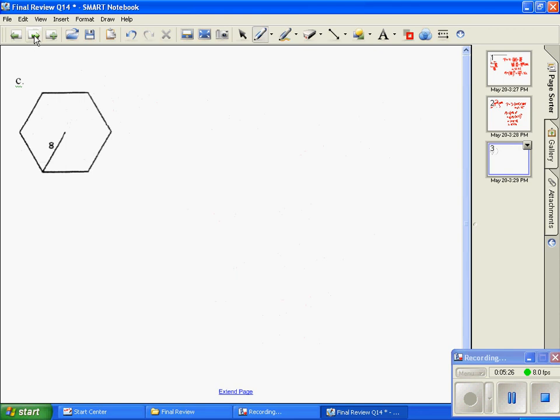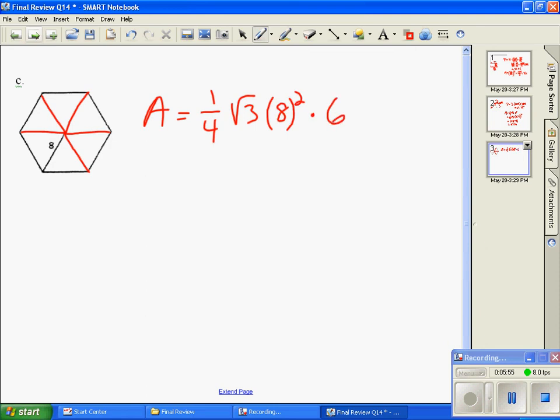So again, we remember that hexagons are made of equilateral triangles, and we have a side length of 8. So let's use the formula for equilateral triangles. So we have 1/4 square root of 3 times side length squared. So that's 8 squared. And since we have 6 of them, times 6.